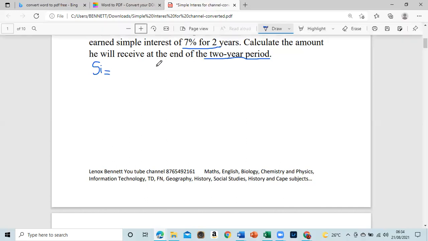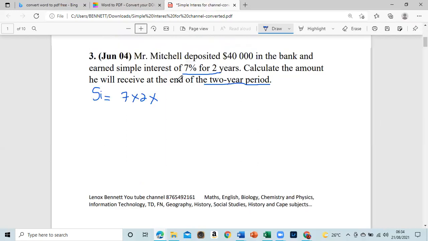So this is year 1, 7 times 2. This was 40,000. And guys, remember it's multiplication. So I don't want a person to say, how come you put the principal over here? I normally put the principal over here.